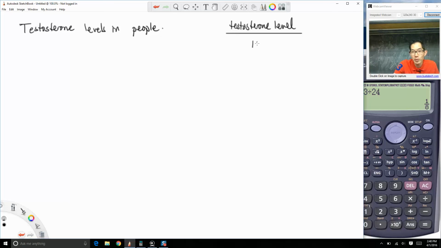And so maybe the levels are something like 12, 15, 10, and then maybe we have 65, 68, 70, and then 13, 14, and 77 or something like that.